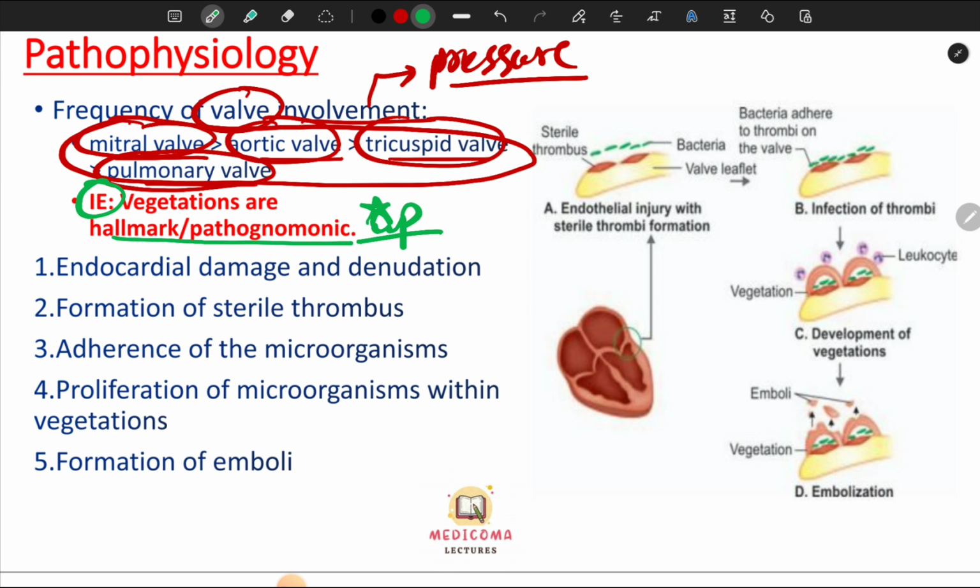Now, what is the sequence of pathogenesis of infective endocarditis? First of all, there is endocardial damage and denudation. How is the endocardium damaged?